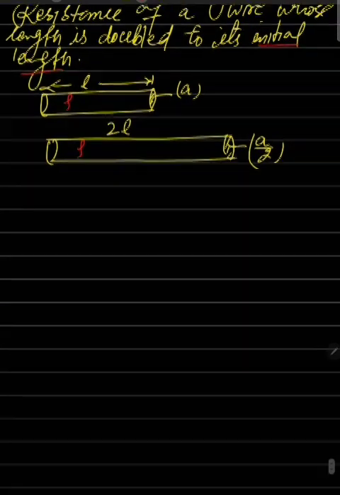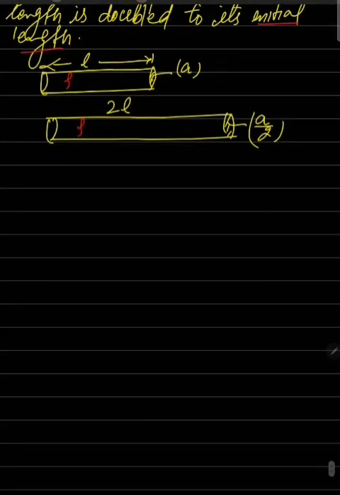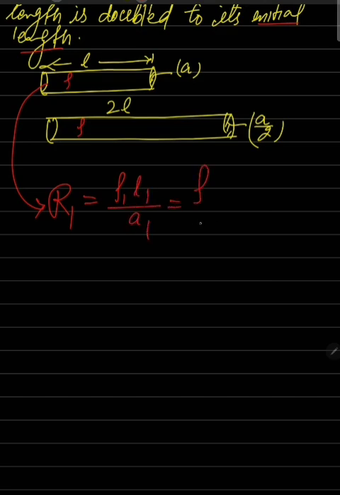So let's write the resistance formula for this wire. Okay, so we can write R1 is equal to rho 1 L1 by A1. Here we are considering rho because rho is same for both the wires, because both the wires are the same.